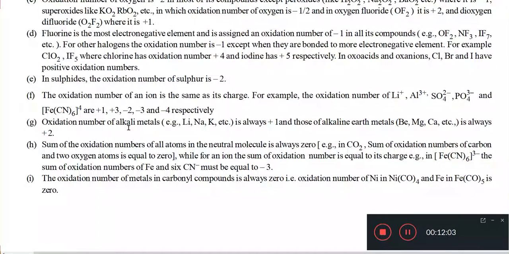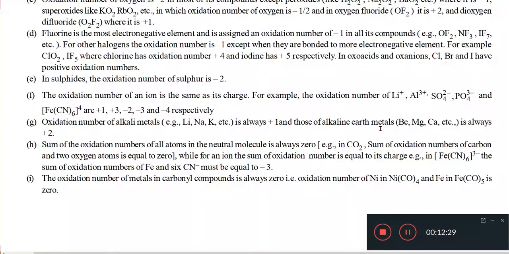Next, the oxidation number of alkali metals like lithium, sodium, potassium, rubidium and cesium. All these are called alkali metals. Their oxidation number is always +1. Please remember. And for alkaline earth metals, the oxidation number is always +2.